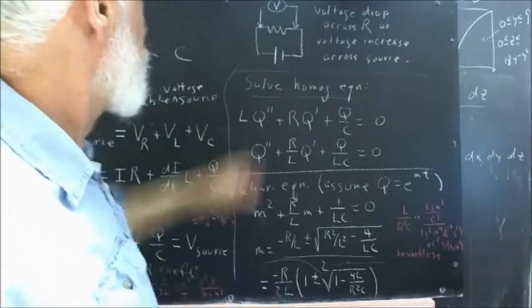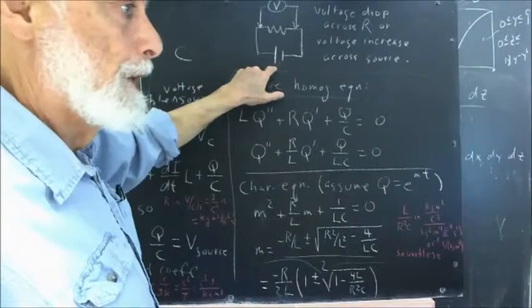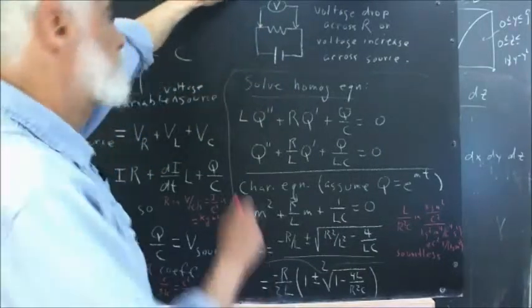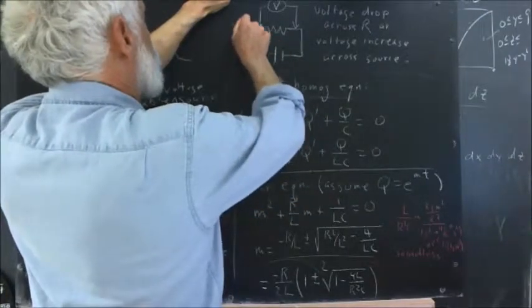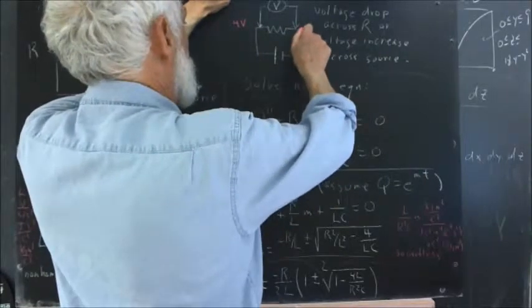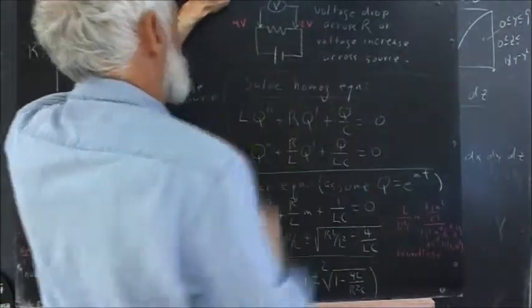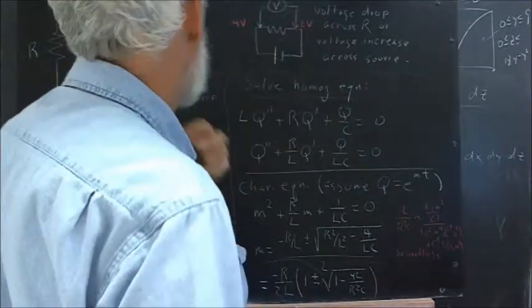Let's just say that the voltage here is higher than the voltage here, which should be the case if you have a positive here and a negative here. So let's say this voltage is 4 volts, and the voltage over here is 2 volts. Okay? So we have a negative 2 volt change as we go across here.